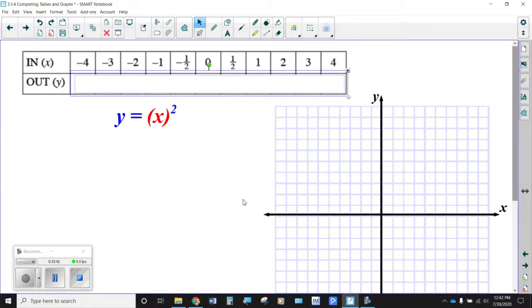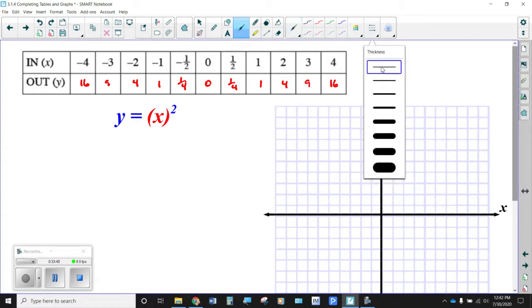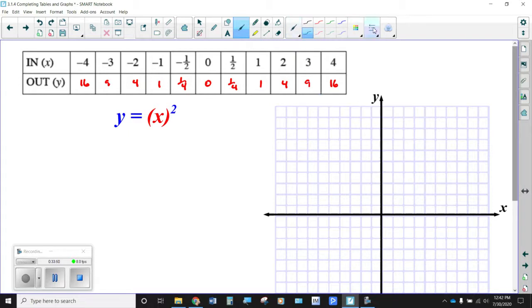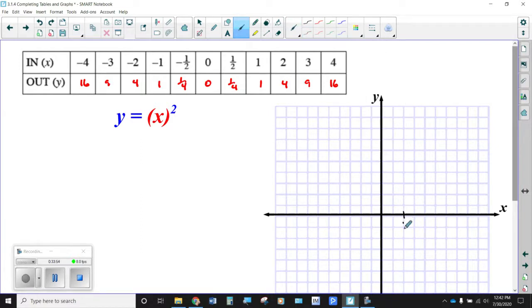So now we take all these values, and I'm going to space out everything again like I did in that previous graph. So this will be 1, this will be 2, this will be 3, and this will be 4, because I want to be able to find my halfway point for x. So here you got your -1, your -2, your -3, and your -4, and I need to get up to 16.